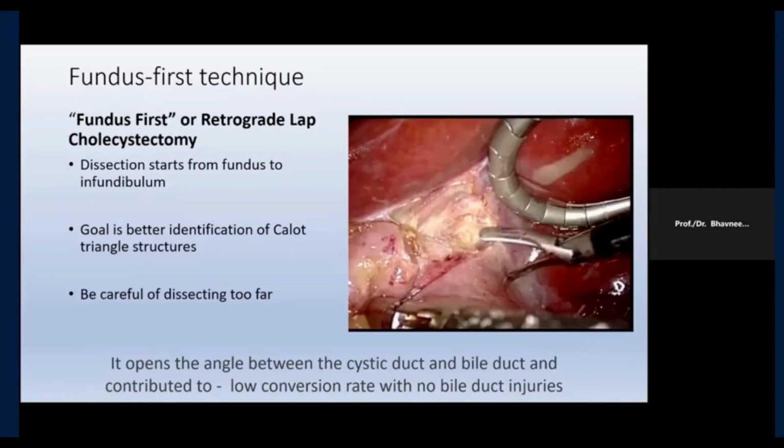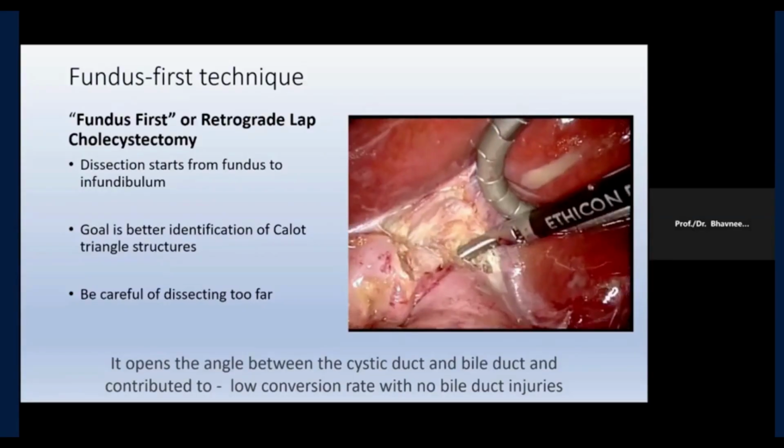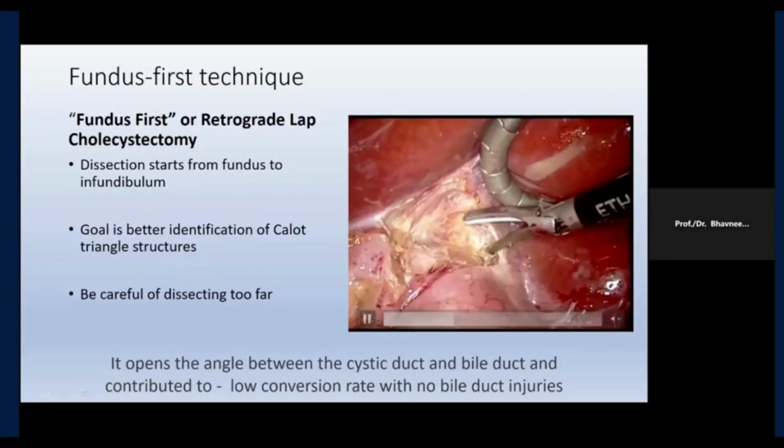This has to be done very carefully. And you must remember not to keep dissecting too far. If you go too far, again, there is the risk of a bile duct injury or a vascular injury.